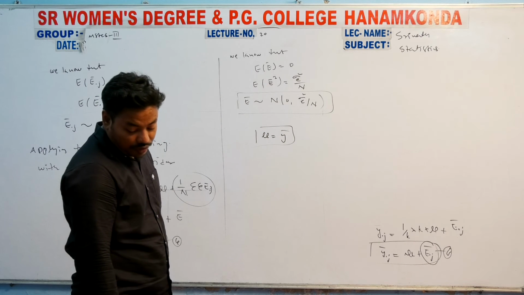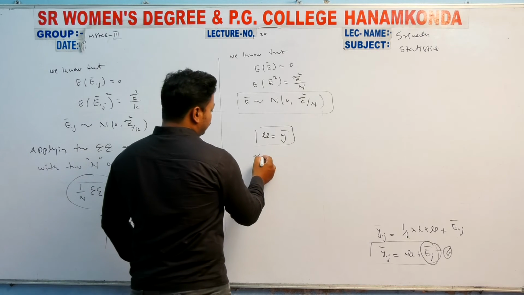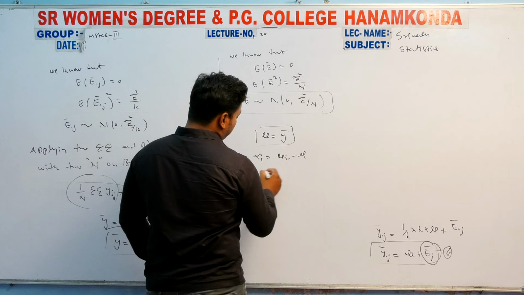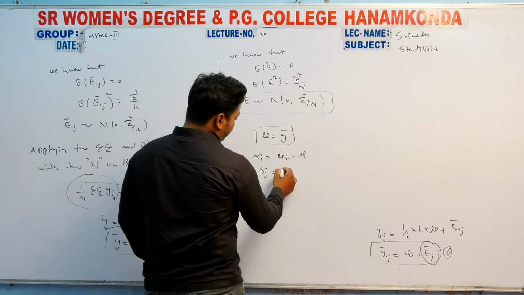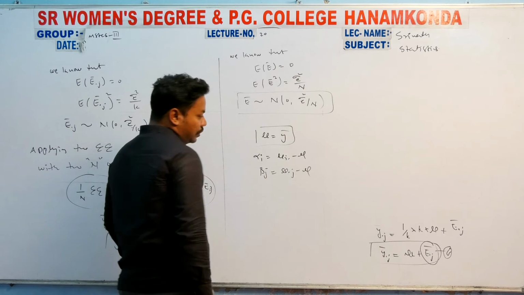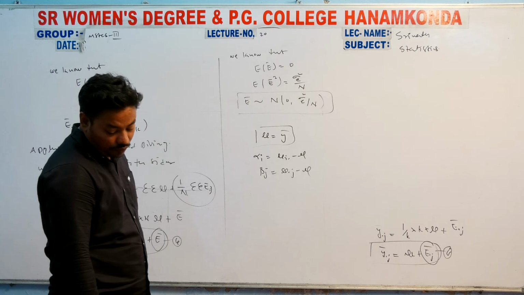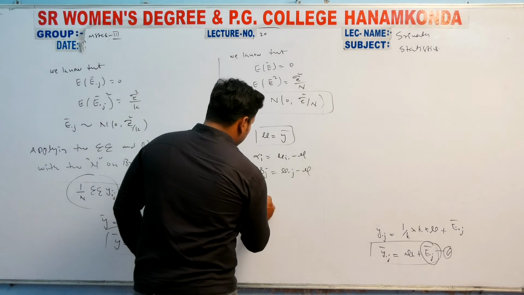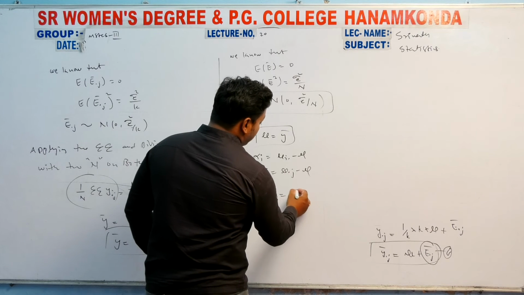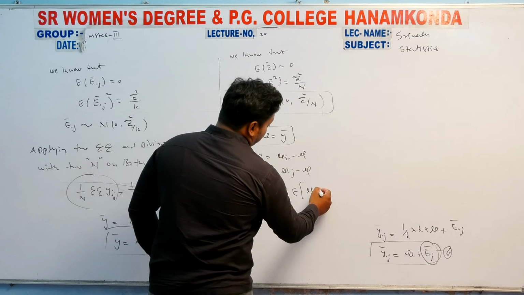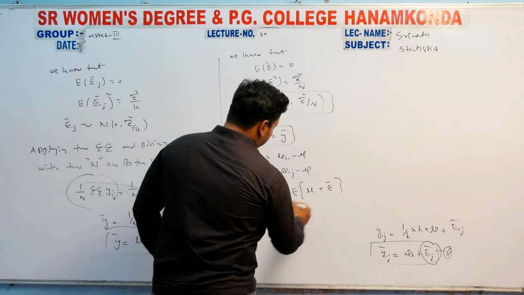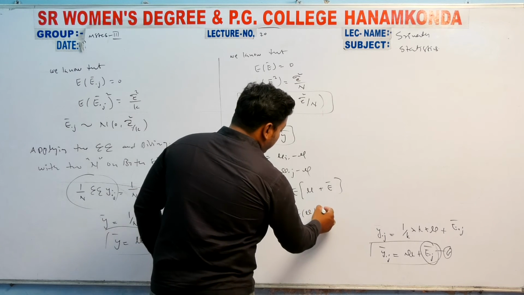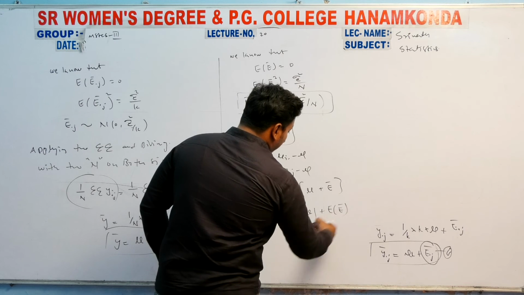And mu equal to y bar vastundi, then alpha i equal to mu i dot minus mu and beta j equal to mu dot j minus mu, and also expectation of y bar is equal to expectation of mu plus E bar, which is expectation of mu plus expectation of E bar.